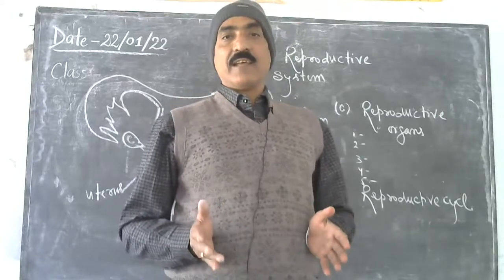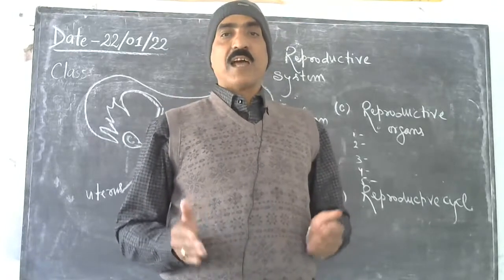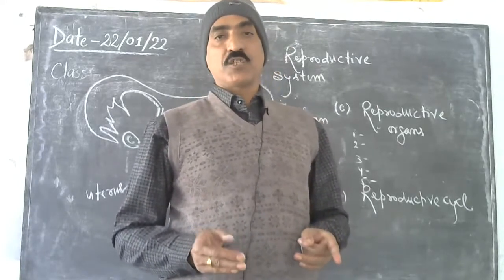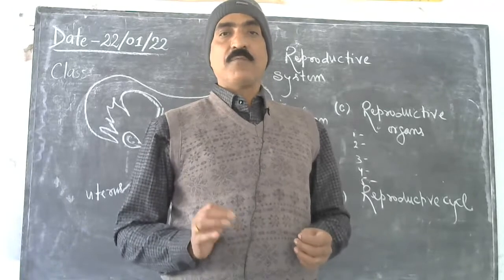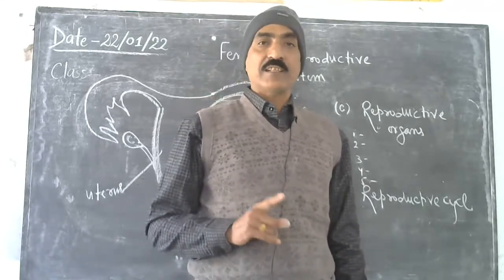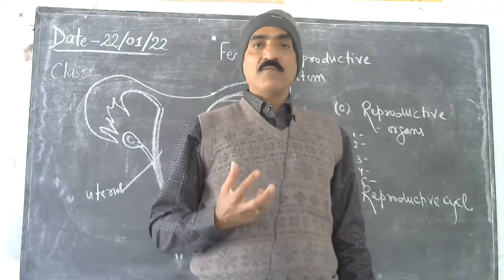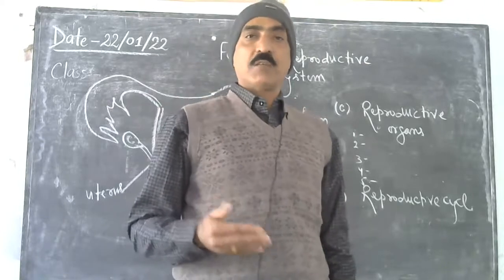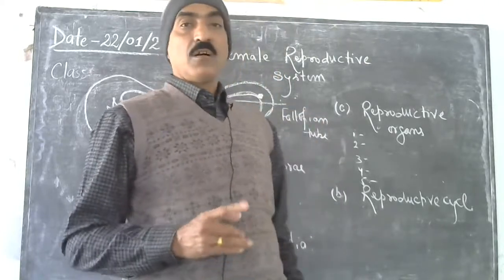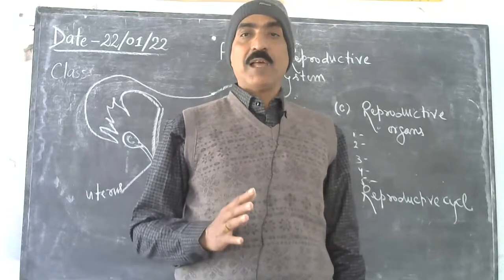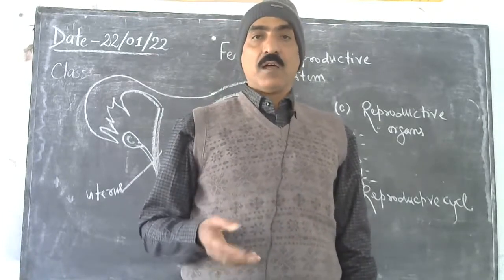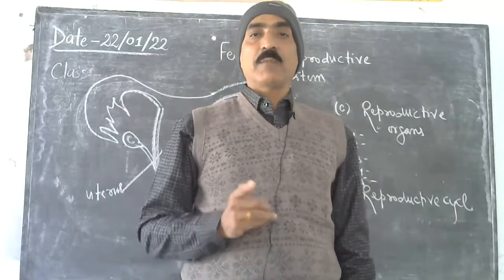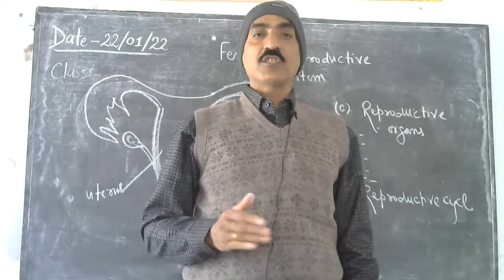As we discussed yesterday, after the pubertal stage, influenced by a hormone of the pituitary gland called FSH, follicle stimulating hormone, the primary reproductive organ, the pair of ovary in the female, becomes active and secretes the female reproductive hormone called estrogen.